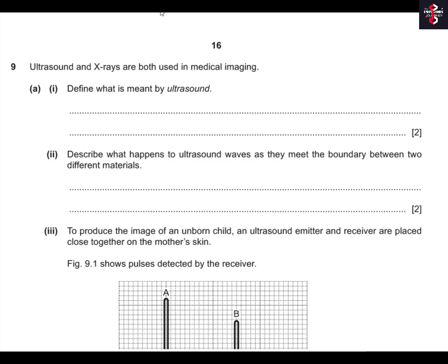Question number 9. Ultrasound and X-rays are both used for medical imaging. Define what is ultrasound.